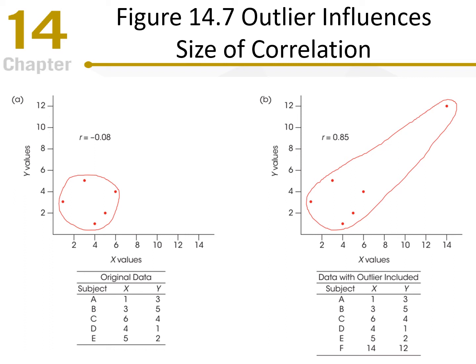So that one outlier pulls the correlation way out, distorts it. Now that point has a big influence because there's only 5 data points, 6 with the outlier included. If I have a large sample, though, that one outlier is not going to have the same influence. The outliers have a bigger influence with a small sample. So just be aware of that.